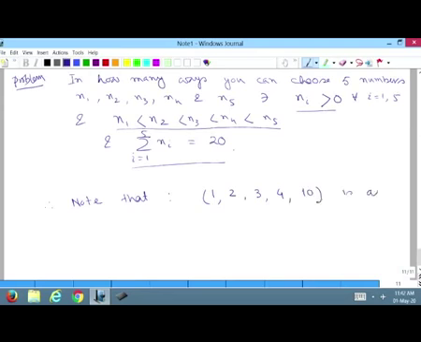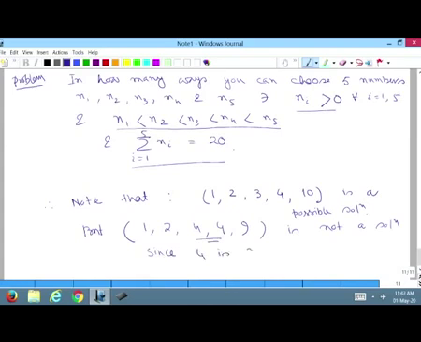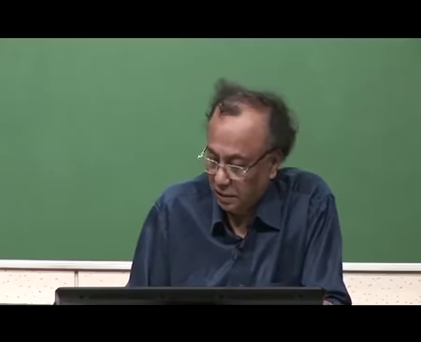This is a possible solution because all 5 are distinct, but 1, 2, 4, 4, 9 is not a solution, since 4 is repeated. So, I hope the problem is clear to you. Let us go for solving it.